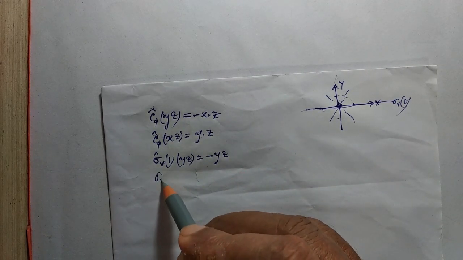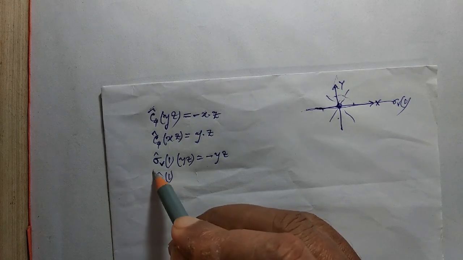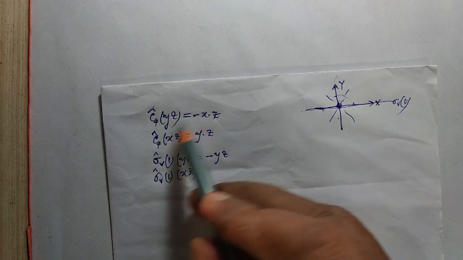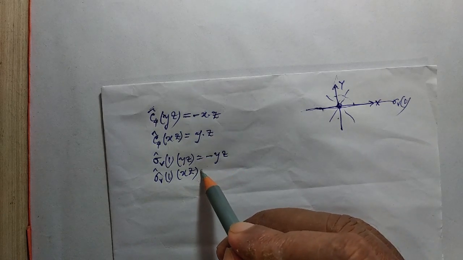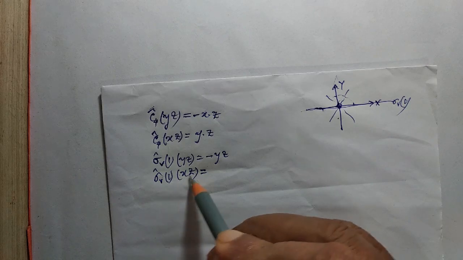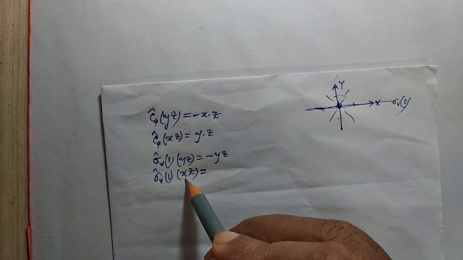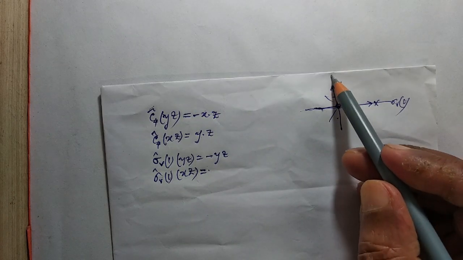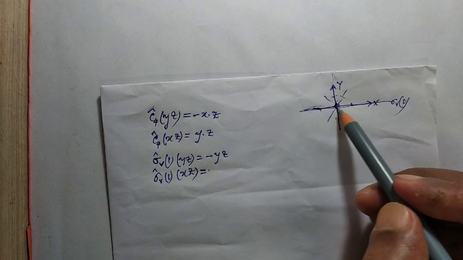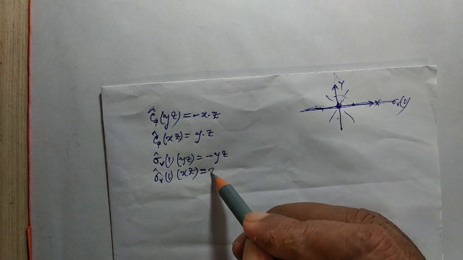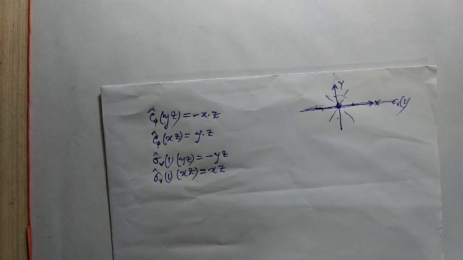And sigma V1 on xz, because we are considering two functions at a time: on reflection on the xz plane, x remains unchanged and z also remains unchanged.